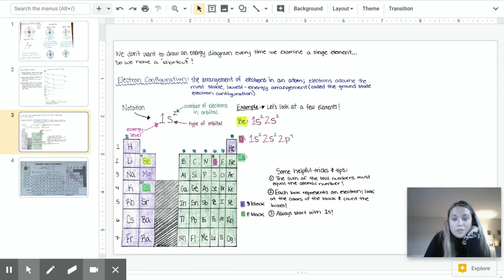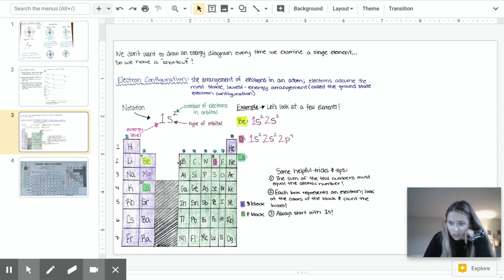We always have to start at the first energy level, with 1s. See these purple squares? That's the s block, and these green squares are the p block. Each box represents 1 electron. So all you have to do is look at the colors, count how many of that color you have, and that becomes your superscript.